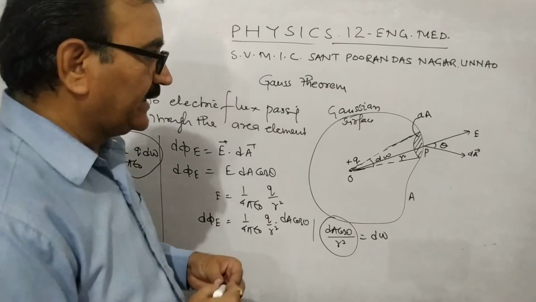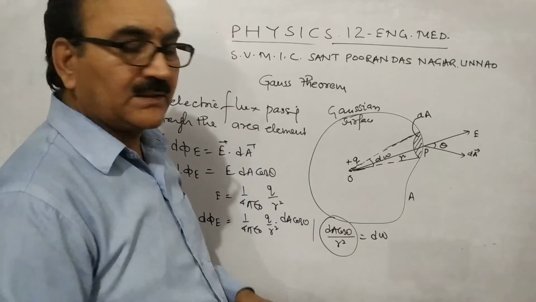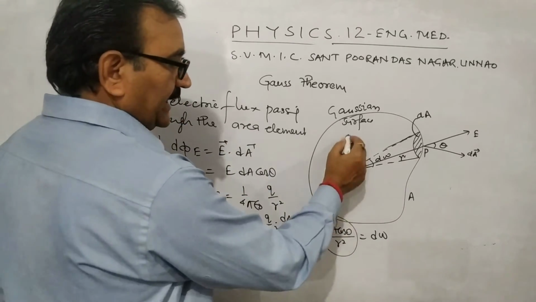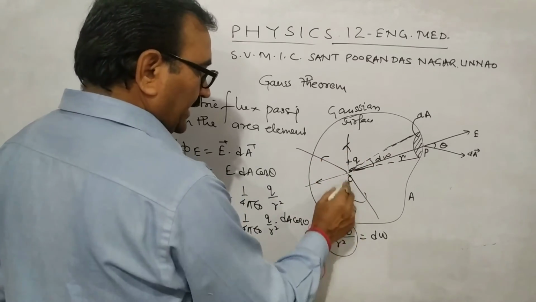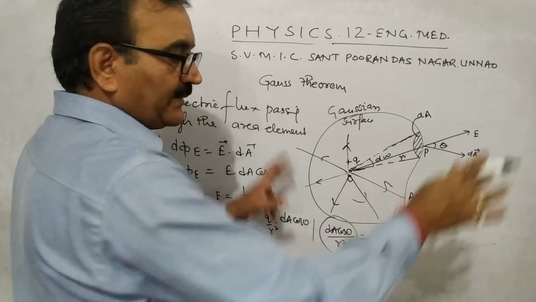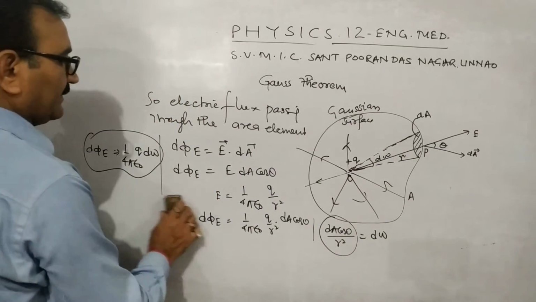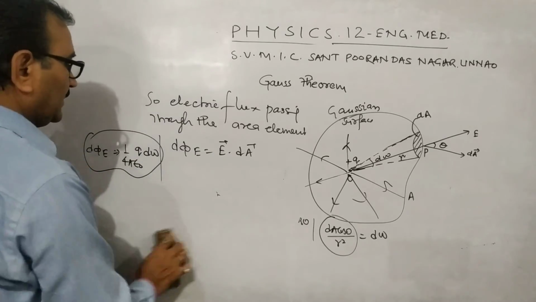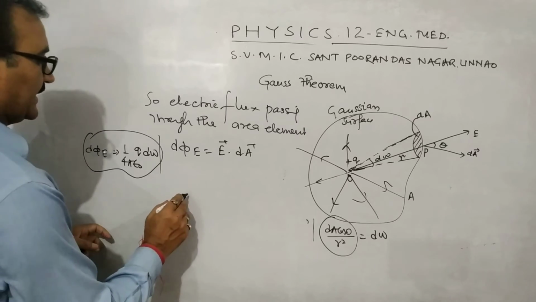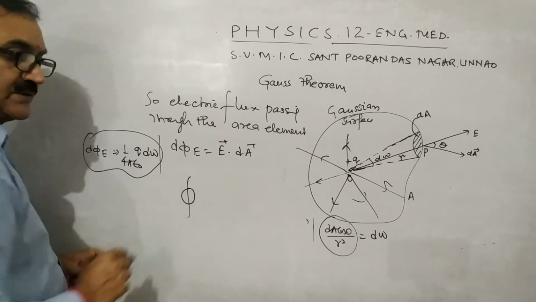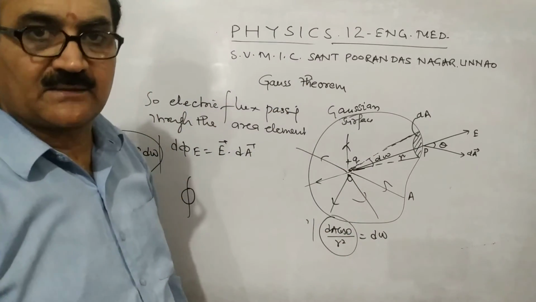Now you have to calculate total electric flux passing through this surface, because due to this charge electric lines are passing in all the directions. So you have to calculate electric flux passing through the whole of the surface. To get that, take the closed surface integral, because this charge is completely surrounded by this Gaussian surface.